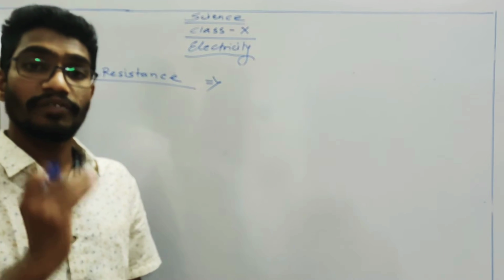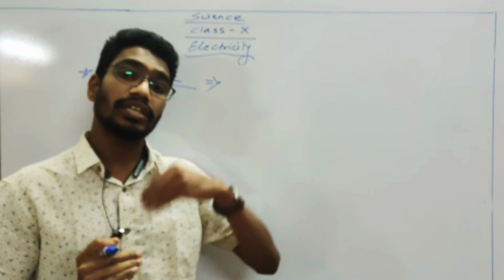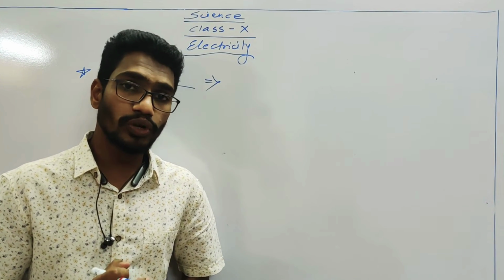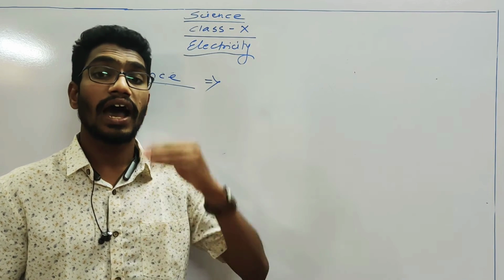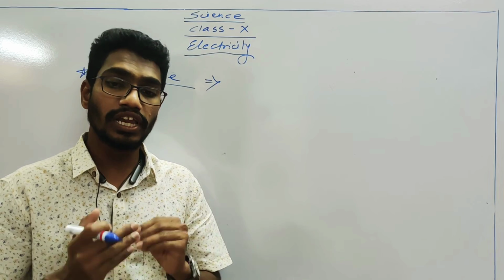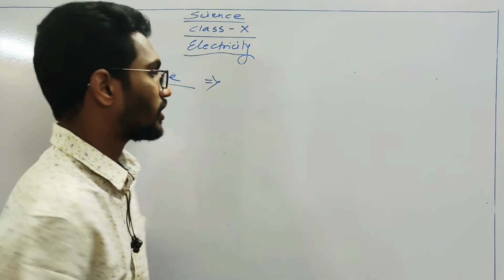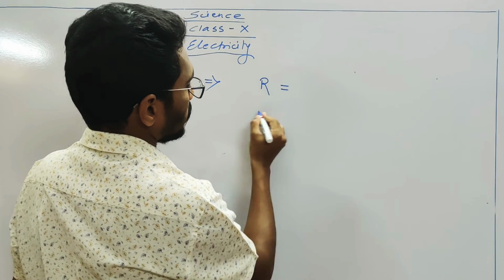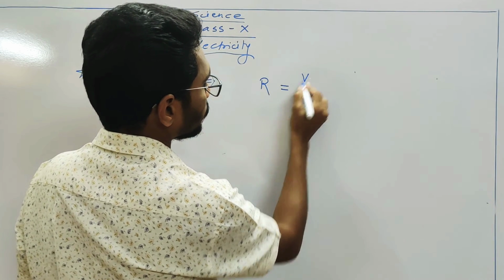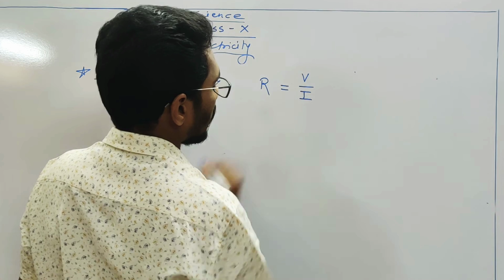The object which is having less resistance allow more current to flow through it, and the material which is having high resistance allow very less amount of current flows through it. So we'll get the formula for R. That resistance R is V by I.